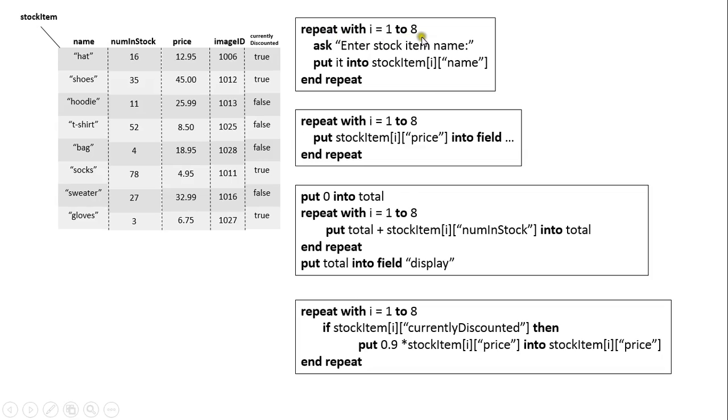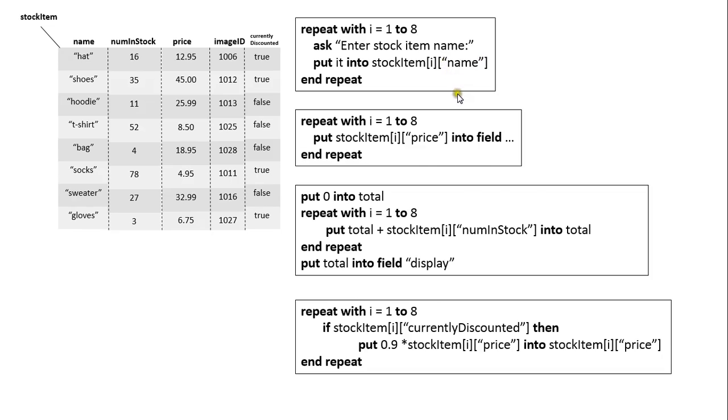So this is my fixed loop going from 1 to 8. I'm asking to enter stock item name, and I'm going to put it into stock item. So here's my one-dimensional array 1, 2, 3, 4 and so on, coming from I, and then the field names are put in square brackets inside quotes.